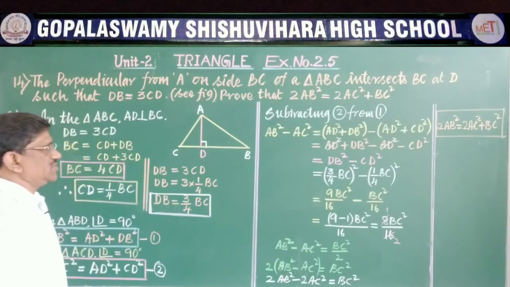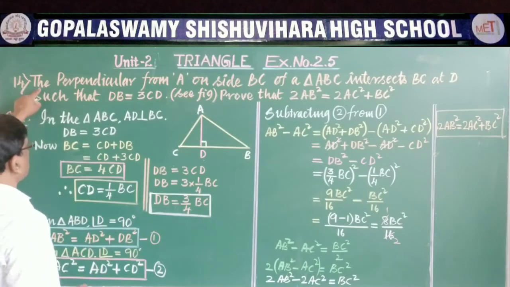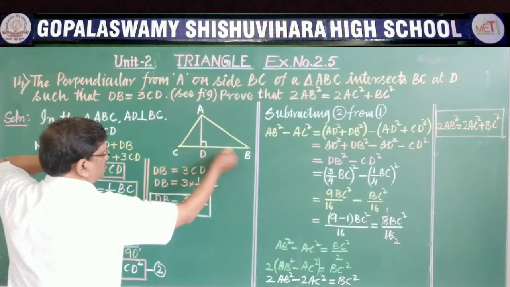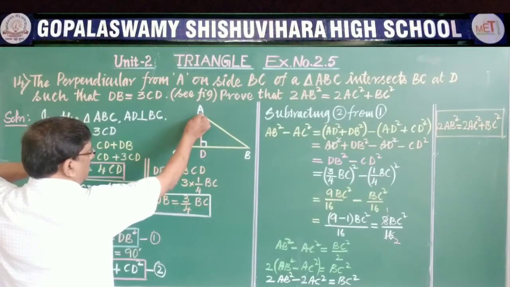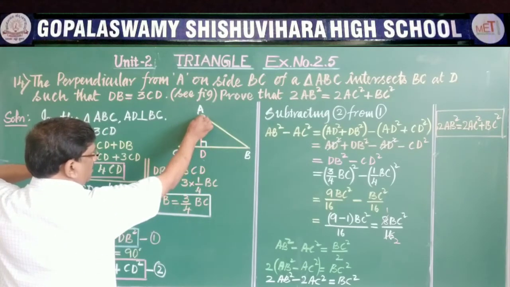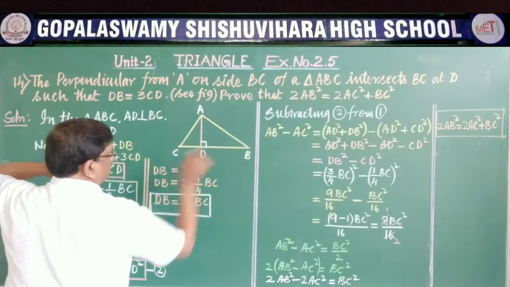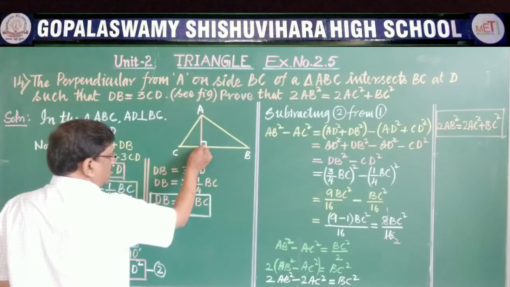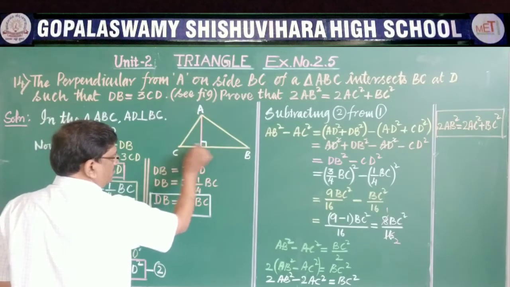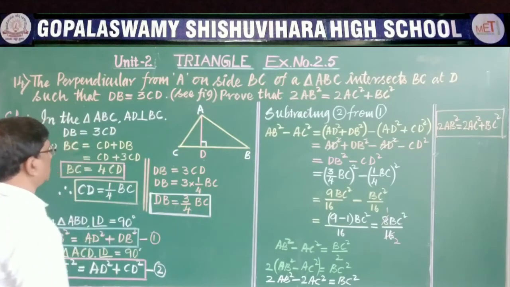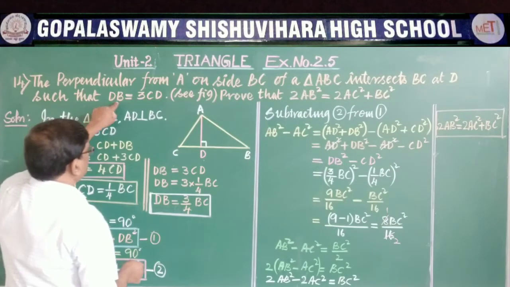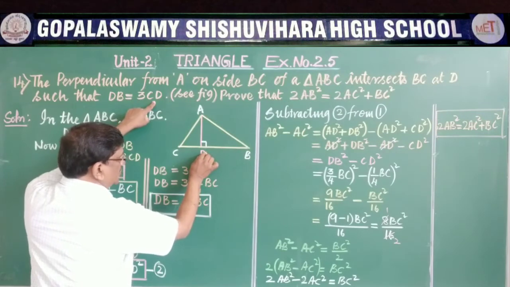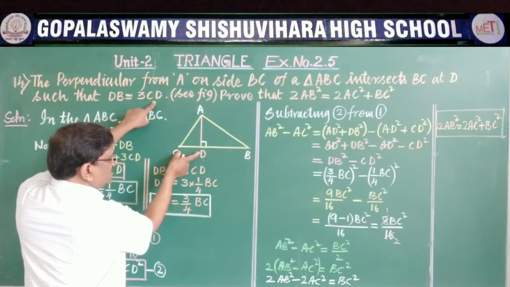Clear, children? So here is a triangle ABC. In the triangle ABC, the perpendicular is drawn from A on the side BC. This perpendicular intersects BC at D, such that DB is equal to 3CD. The length of DB is equal to 3 times the length of CD.